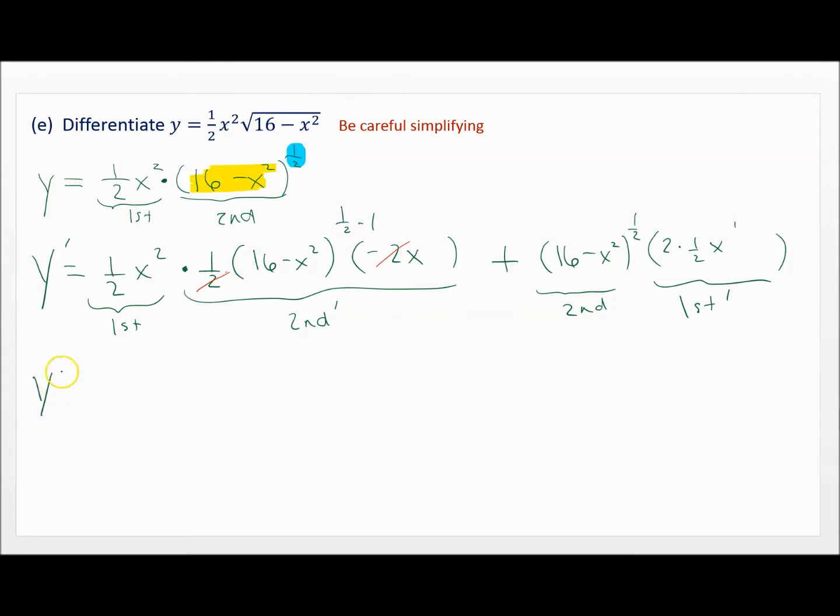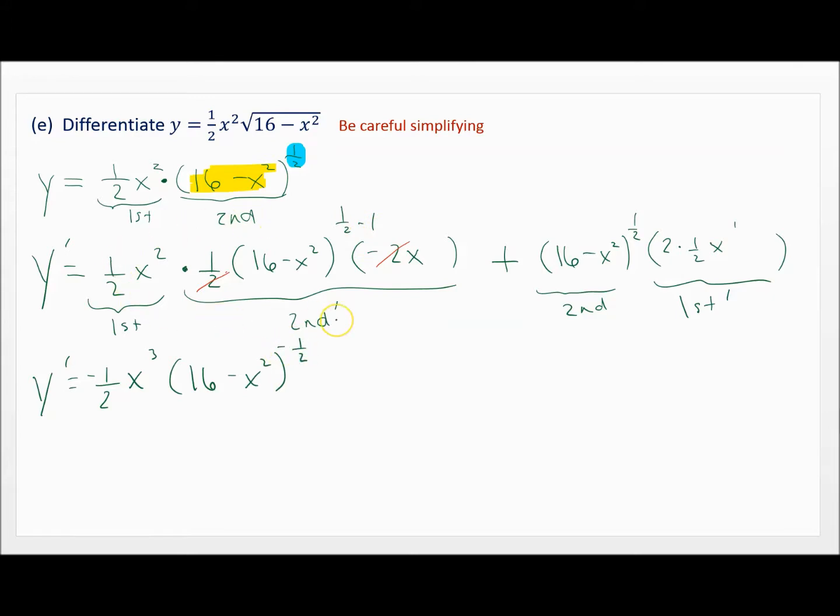So I have y prime is equal to negative 1/2, because of this negative. And then this x squared times this x is x to the third. And then I have 16 minus x squared to the 1/2 minus 1, which is 1/2 minus 2/2, which is negative 1/2.